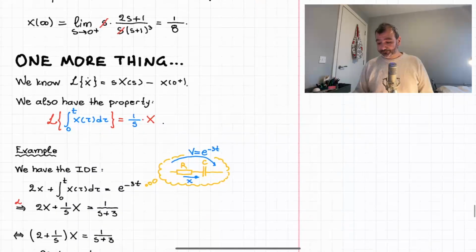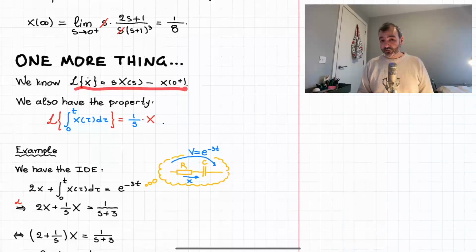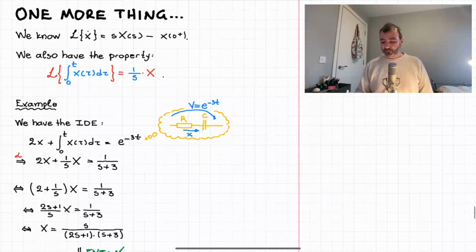One last thing. We talked about ordinary differential equations, but with this approach we can also tackle integral differential equations where you have integrals. You know the property for the derivative where you have multiplication by s. Now when it comes to integrals, we have this property where the Laplace of an integral from 0 to time t is 1 over s times the Laplace of x.